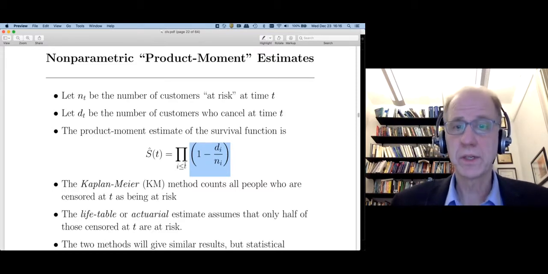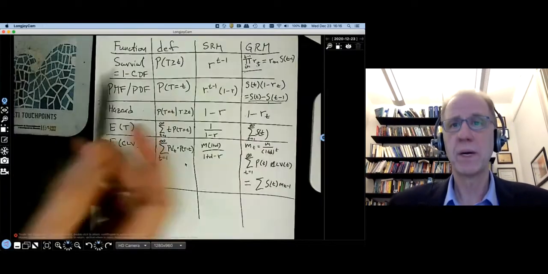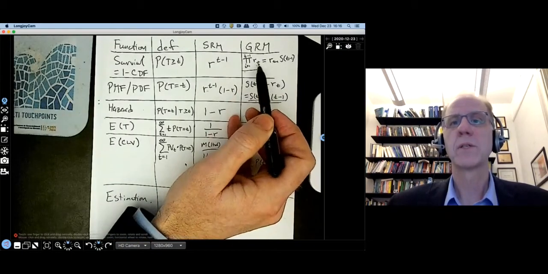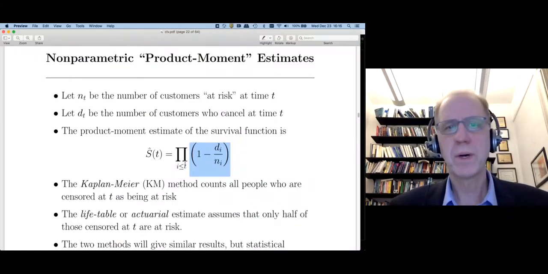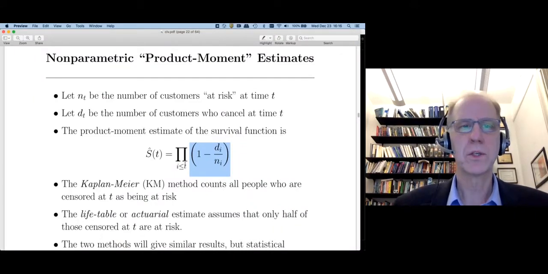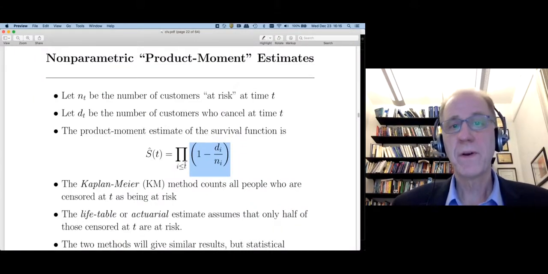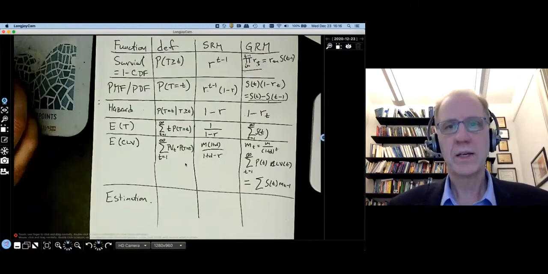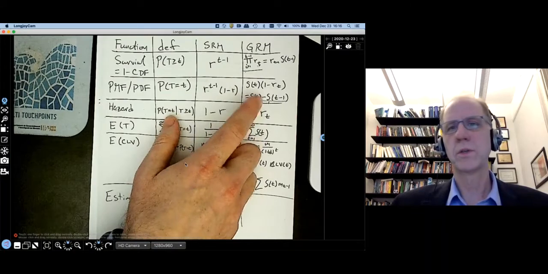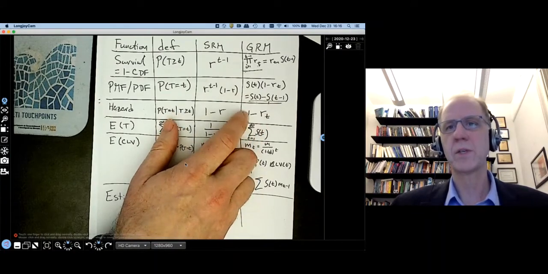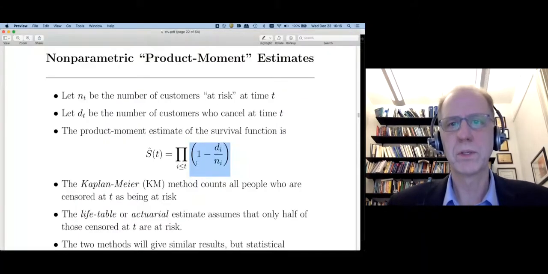All I'm doing is multiplying all of my R sub i's, and that'll be my way of estimating the survivor function. If I know the survivor function, I can find my other functions. So here's the PMF, and I can find the hazard with simply 1 minus d sub i over n sub i.